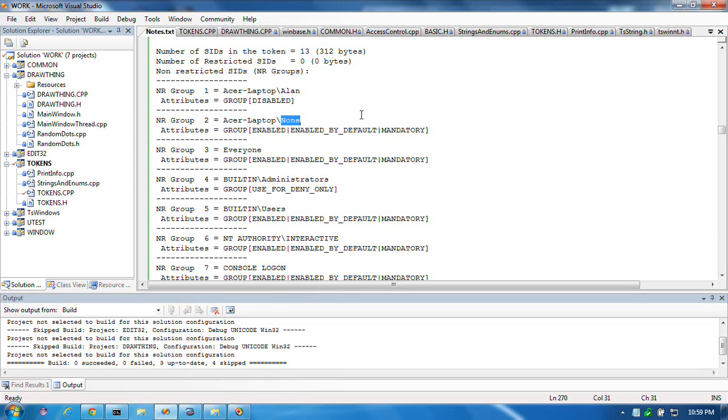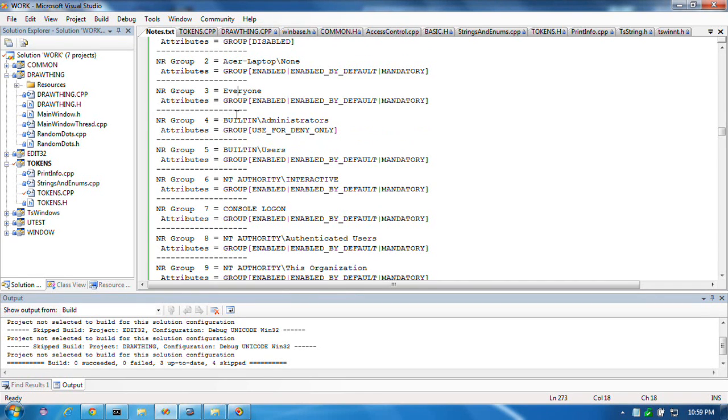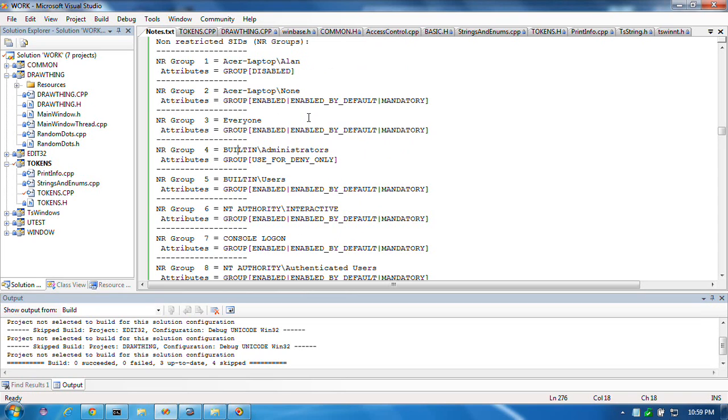It ends with 513, but it turns out that that's perfectly normal, and that in fact is the default primary group for anything that I create. It's a group called None. I am also associated somehow or other with the Everyone group. I am also associated with administrators.